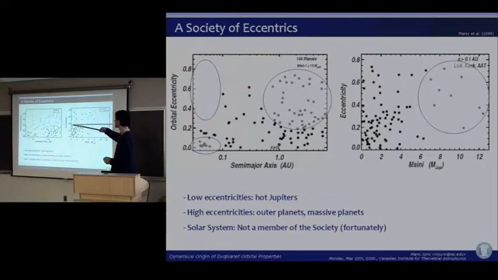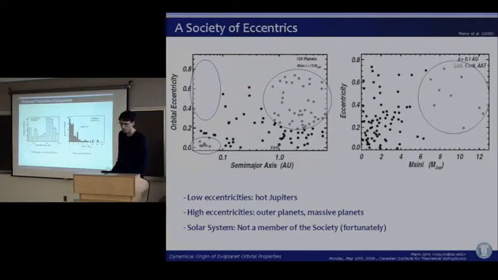So eccentricities of 0.4, 0.6, and I think the current record holder is 0.91 or so. Solar system is not like this, which is fortunate for us because it would probably be very difficult for it to support life if it had massive planets on eccentric orbits like we see in the exosolar systems.